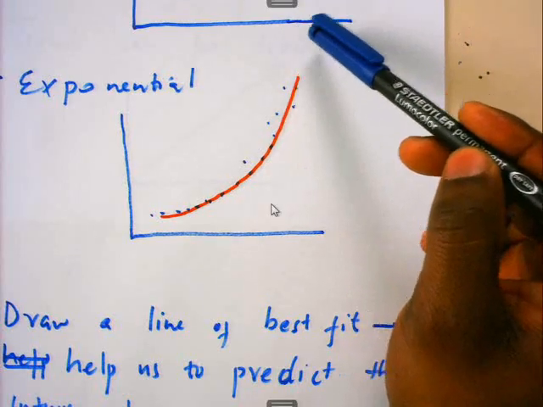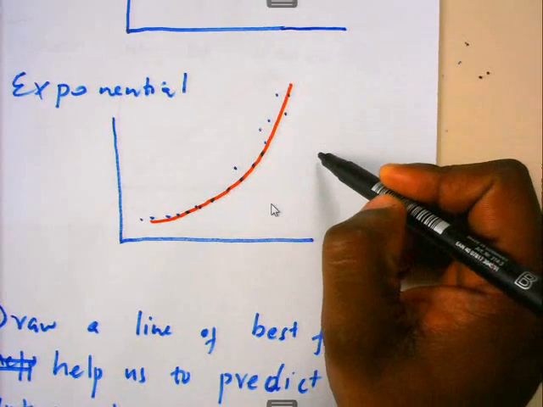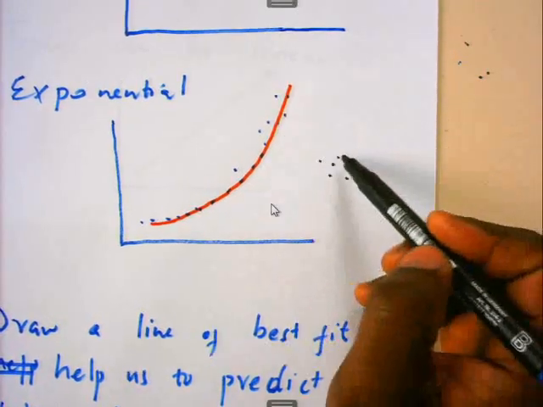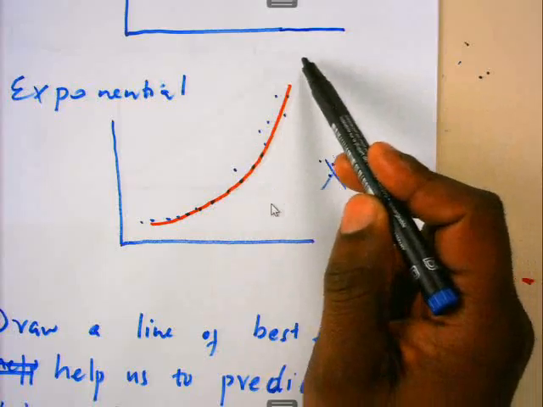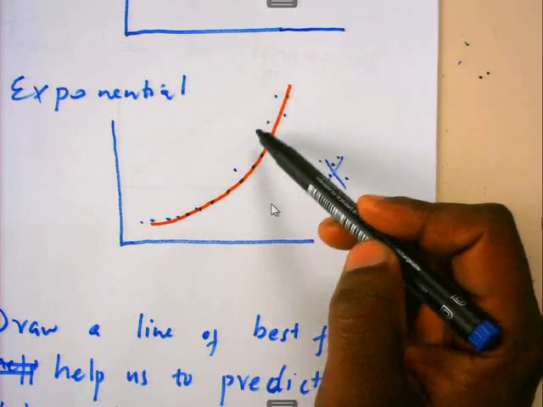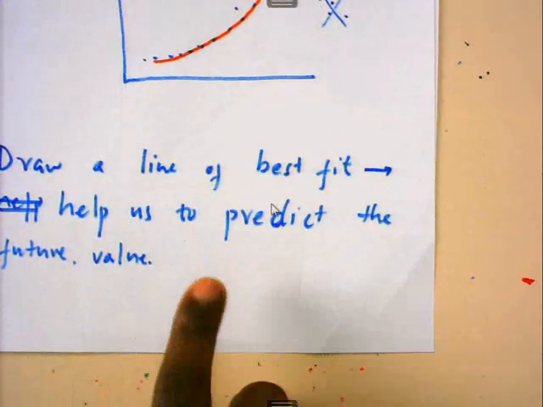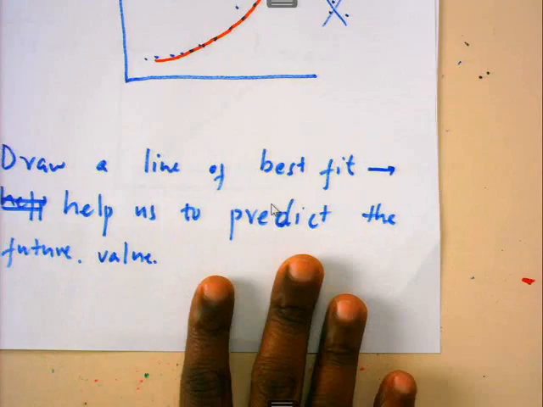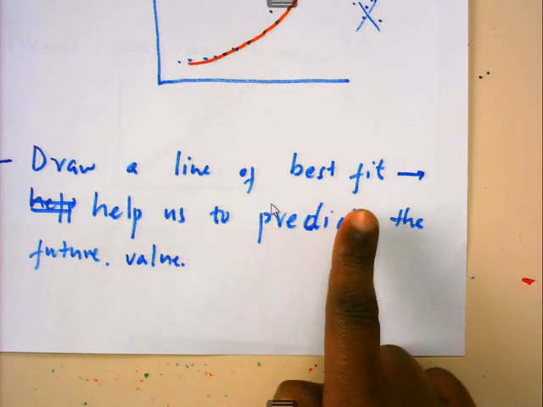In future, it is very unlikely that we will have values here, because the trend shows us that the values that may come in future should be the values that go with the line of best fit, because the trend has already been established. Now, very important, I think you also noted this down: draw a line of best fit.